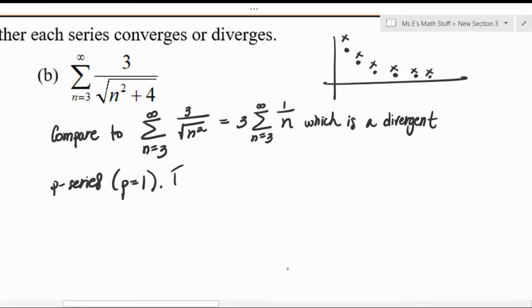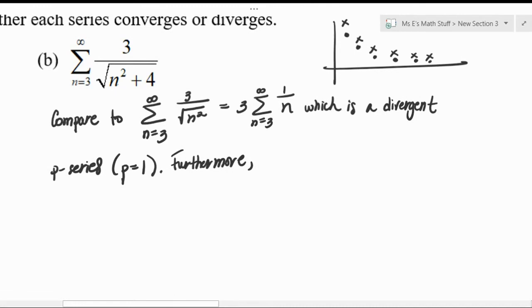So furthermore, let's look at the limit as n approaches infinity of the one that we started out with, 3 over the square root of n squared plus 4, divided by the one that we're comparing it to.